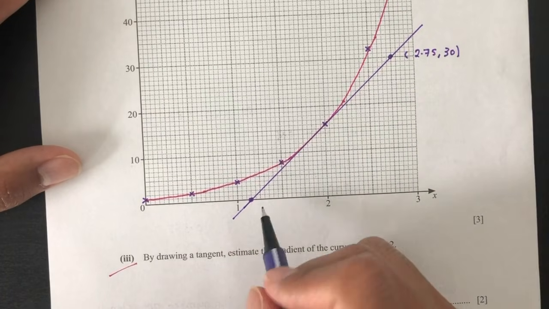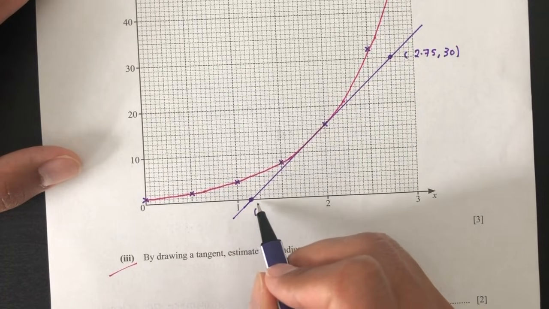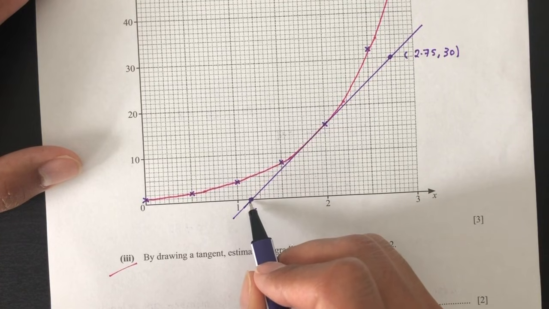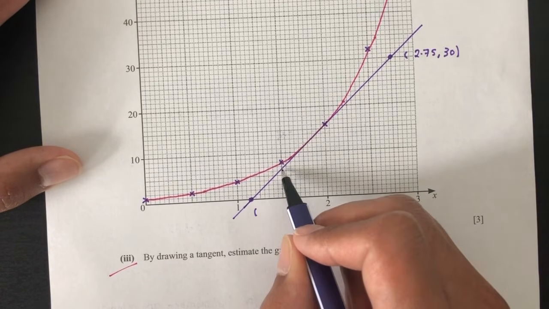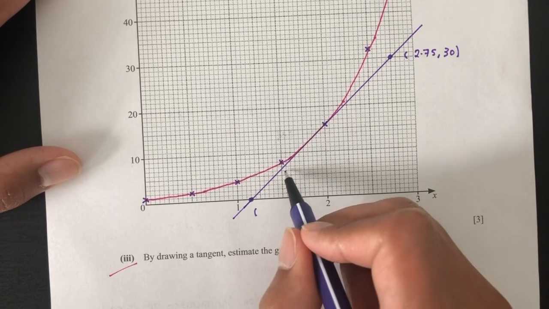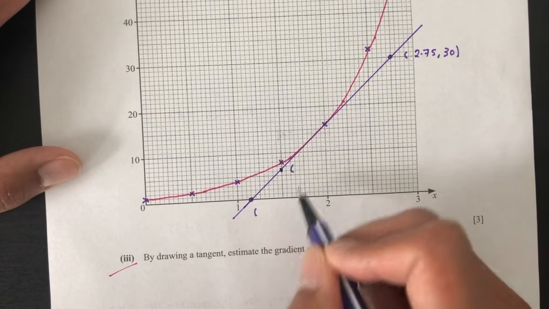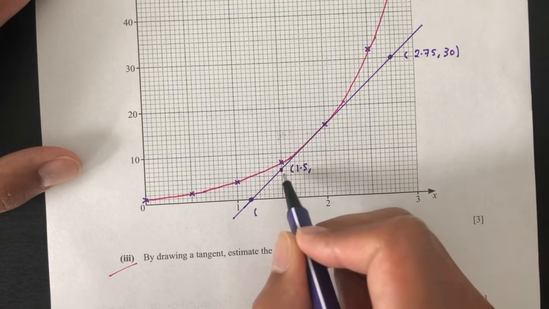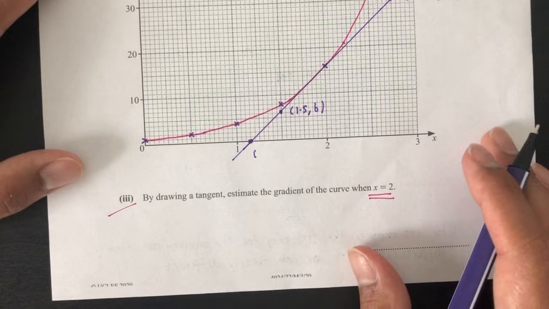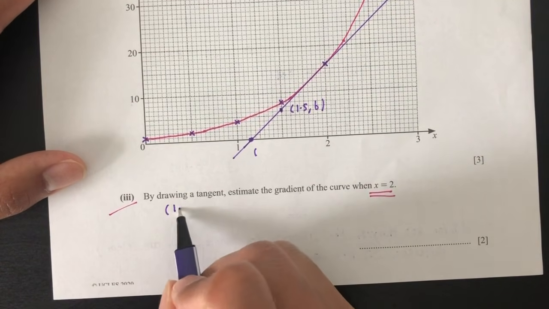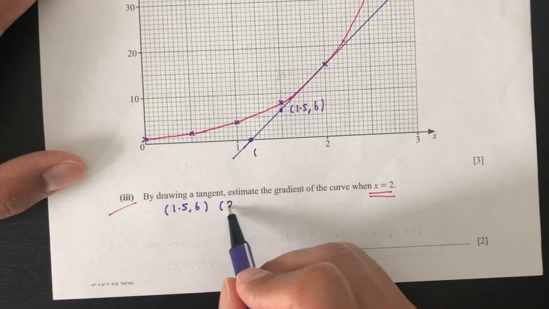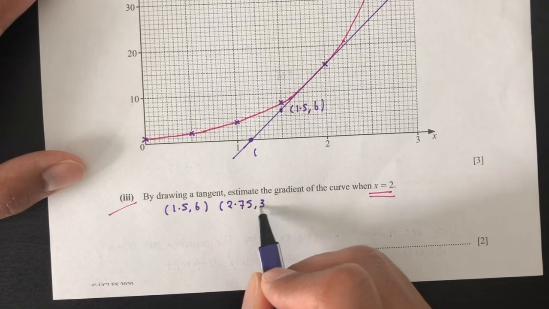And one point over here is kind of hard to read, so let's take the point here. That will be 1.5, and this will be 6. So the two points are 1.5 and 6, and 2.75 and 30.